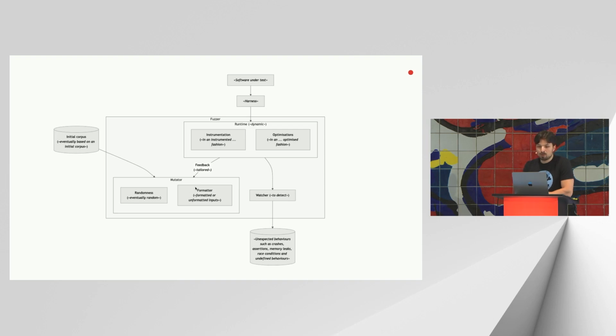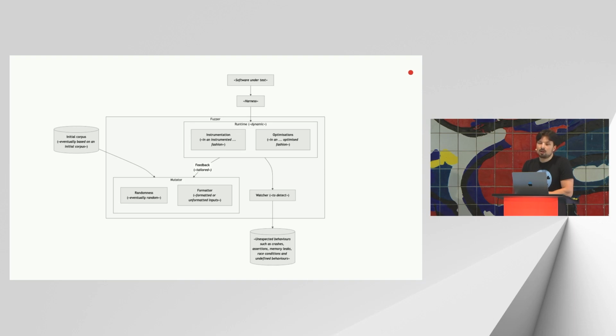We have two main components here, the runtime, which deals with executing the program, and the mutator, which deals with mutating, like changing the input from one stage to the other in order to execute different paths inside the program. On the runtime component, we have instrumentation, which is a component dealing with having insight into how the program runs.